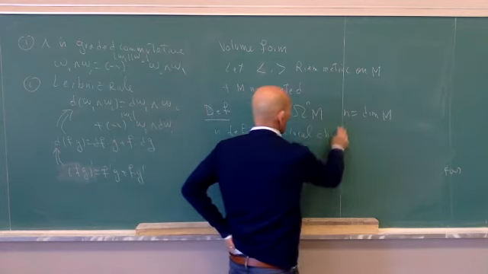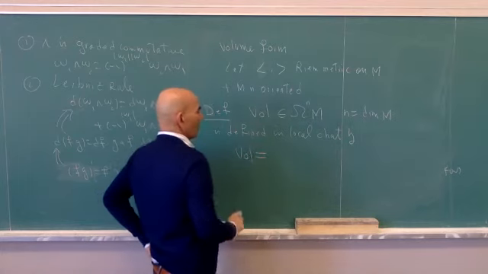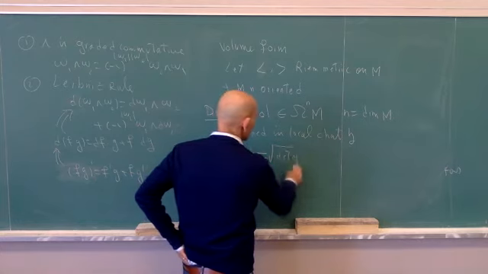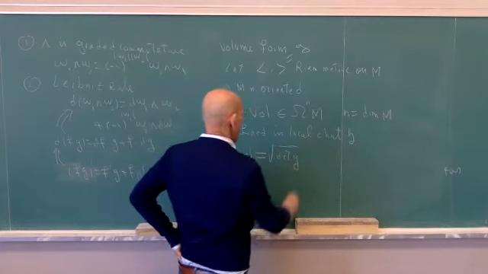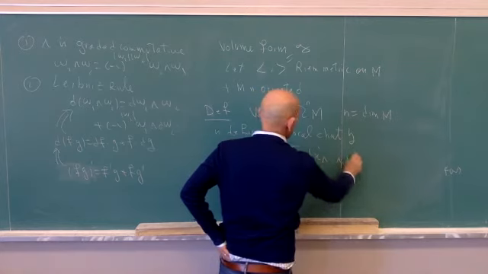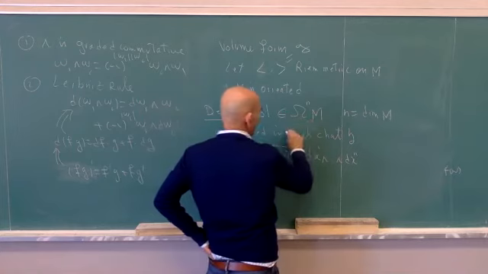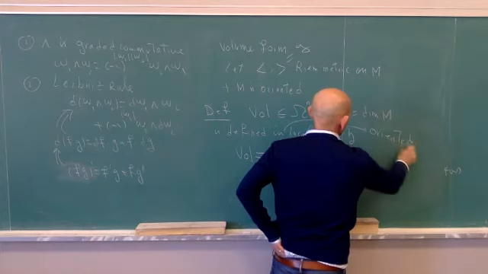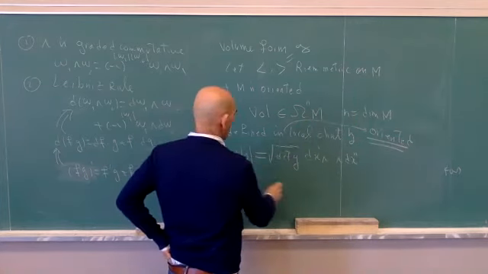In a local chart, the volume form is the following n-form: the square root of the determinant of g, dx1 wedge ... wedge dxn. So in any oriented local chart, by this expression.